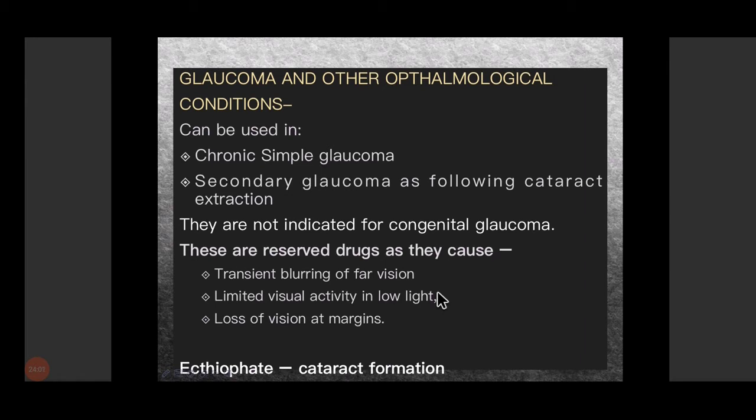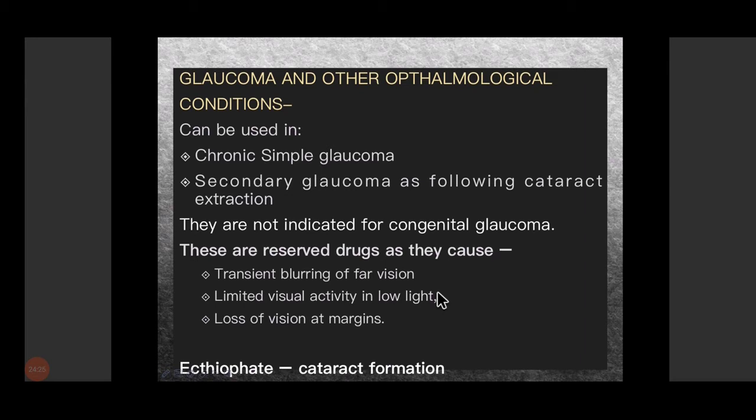But they are not indicated in congenital glaucoma, and these are reserved drugs as they cause transient blurring, limited visual acuity, and loss of vision at high margins. So they can be used for glaucoma, but we have other preferred drugs, which we will talk about subsequently when we deal individually with the management of glaucoma.